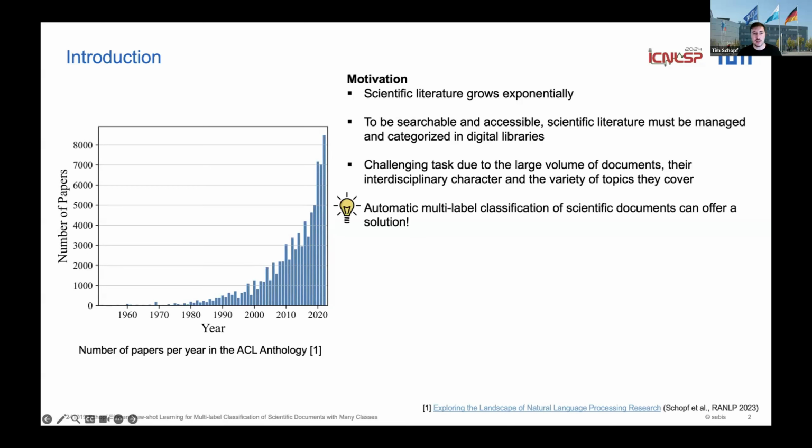So consequently, the automatic categorization of scientific documents has to be approached as a multi-label classification problem over very large label spaces, which is the task we try to solve here.